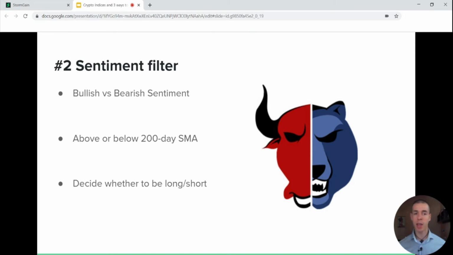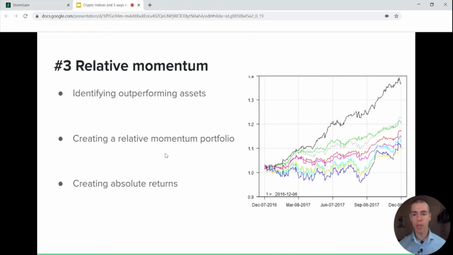And finally, a third way that may not be as obvious is using indices to create what I call a relative momentum strategy. What this means is that we're identifying outperforming assets. For example, within this index, probably 1 or 2 of the assets have performed much more strongly than the other ones.